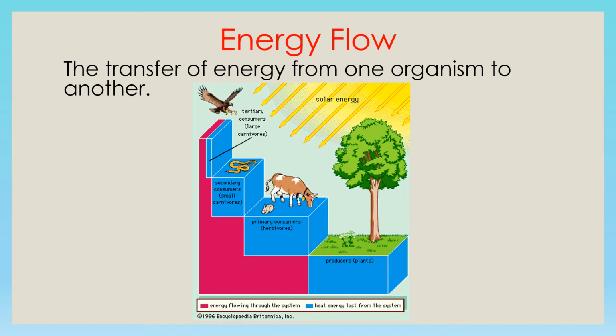Then the secondary consumers, or what we call the small carnivores, will get its energy from consuming herbivores, and so on and so forth. So all of this energy flow came from only one source, which is solar energy.